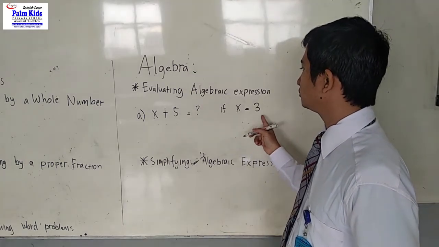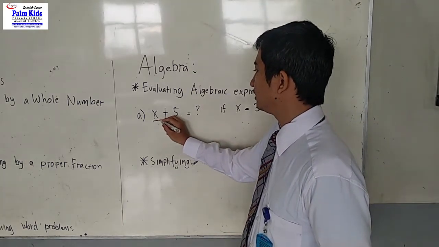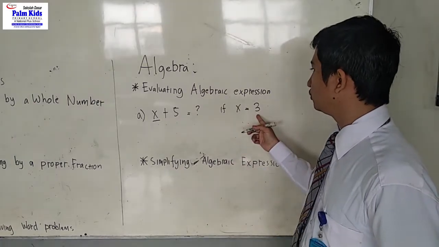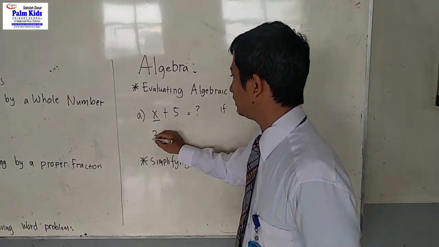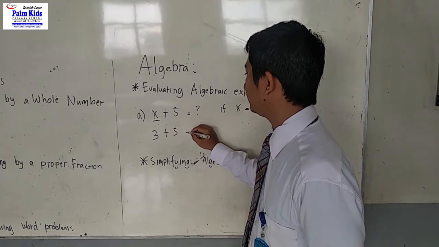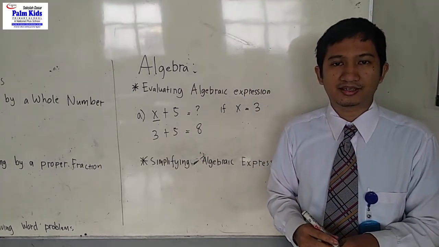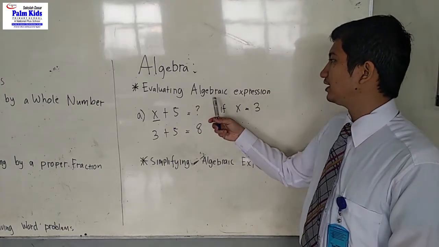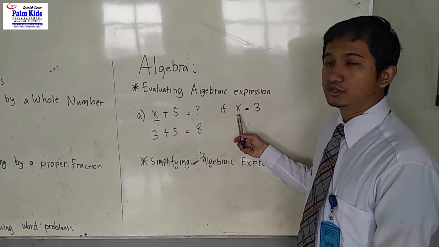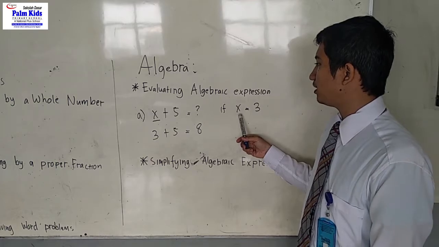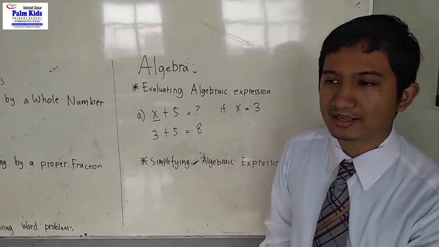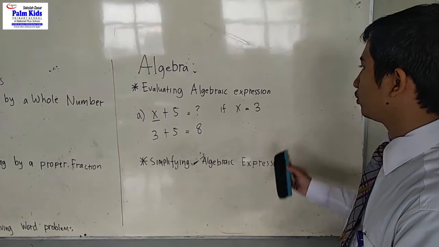So you need to change the letter x with the number 3. So 3 + 5 = 8. That is the first example. So evaluating algebraic expression is changing the letters in the algebra into the number that is told in the question.